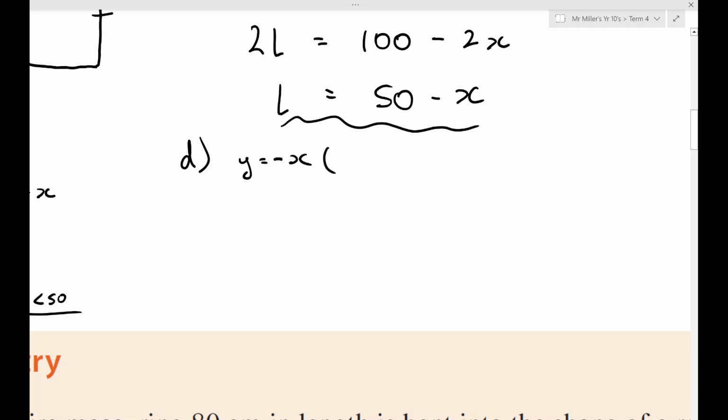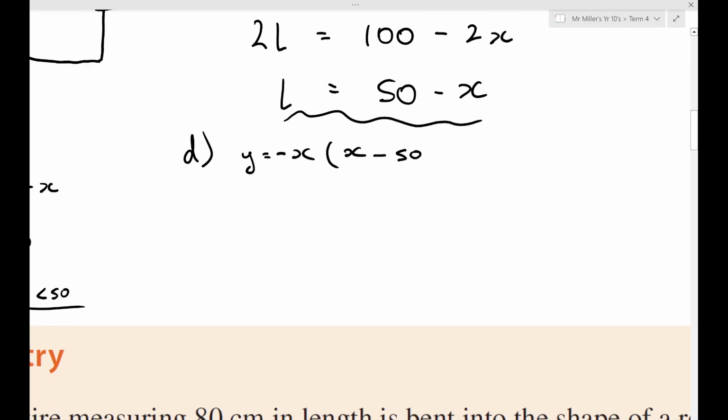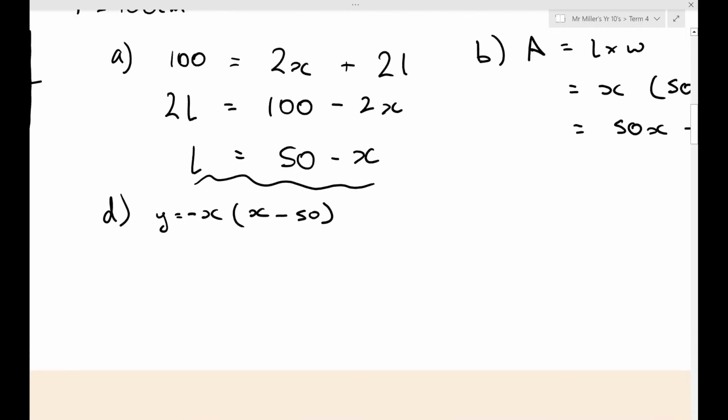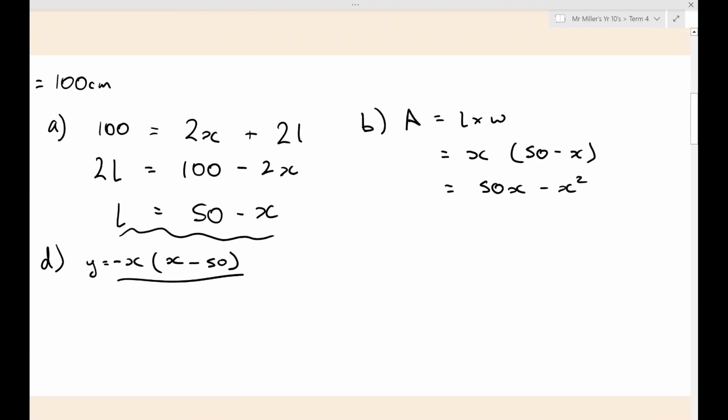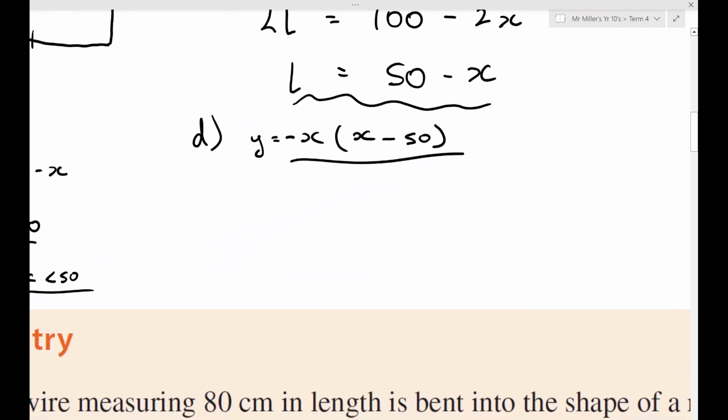And if I factor out a negative from negative x, I get positive x, right? So have a look here, I factored out a negative, right?